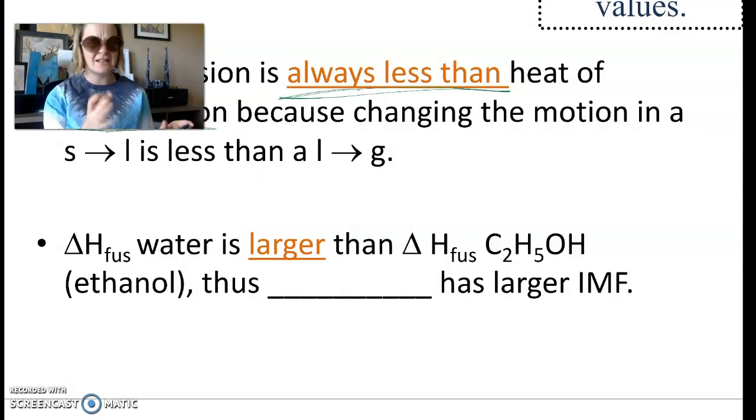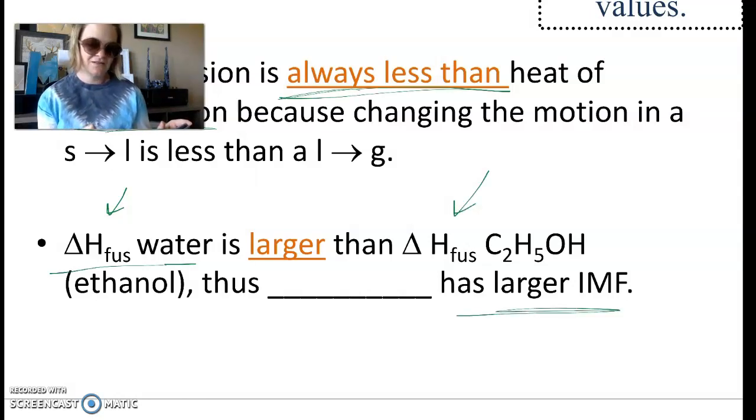So all we're doing is kind of changing those forces, but here in going from a liquid to a gas, we're completely breaking the intermolecular forces. So here's another thought. Water has a higher amount of energy, change in energy to melt it, than ethanol does. So which one has stronger intermolecular forces?